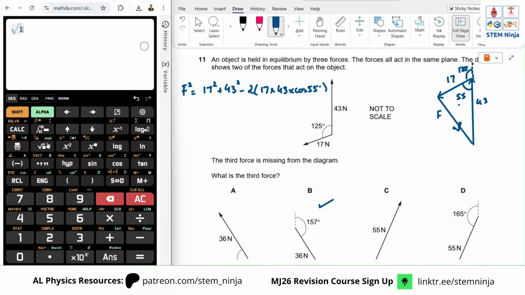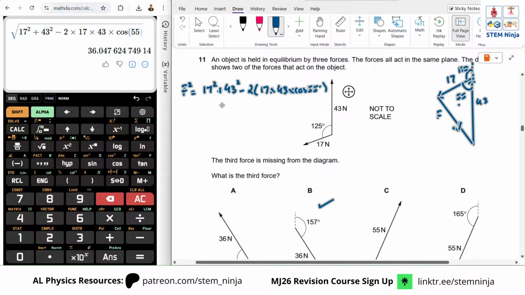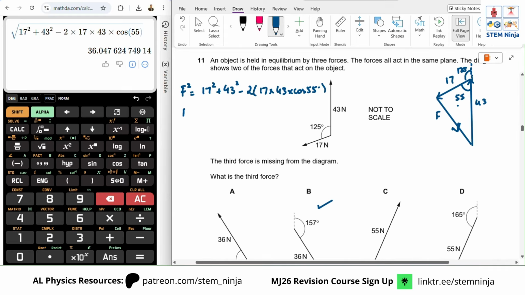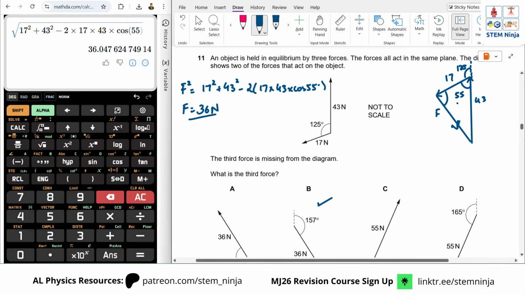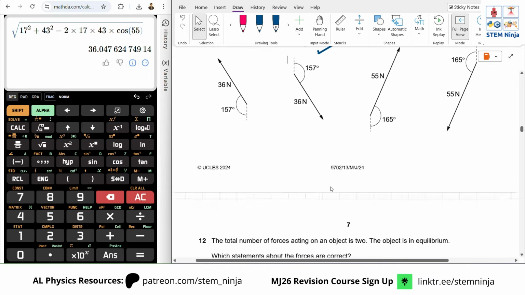So F is the square root of 17 squared plus 43 squared minus 2 times 17 times 43 times cos of 55. This is going to be 36 newtons. So B is the right answer.